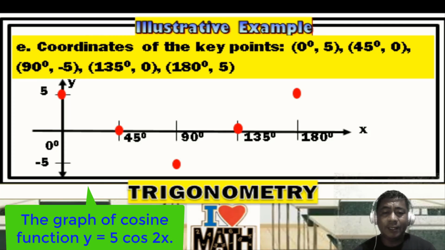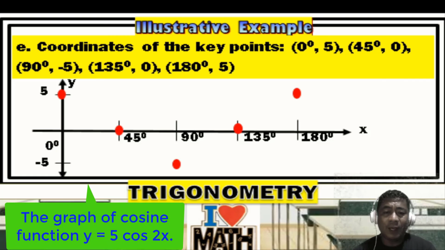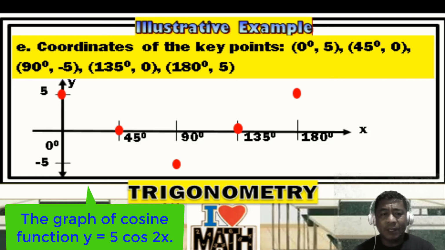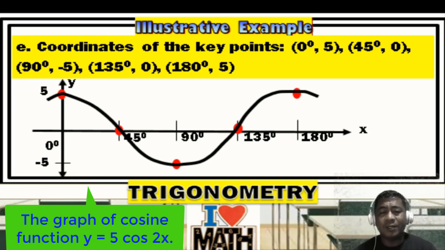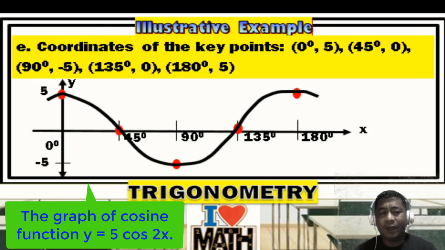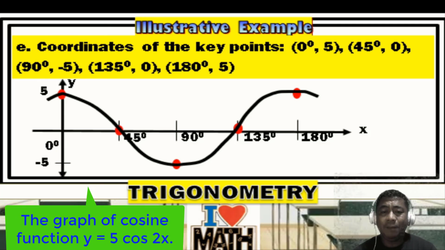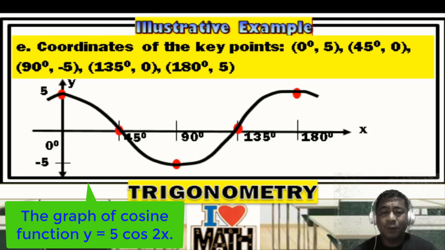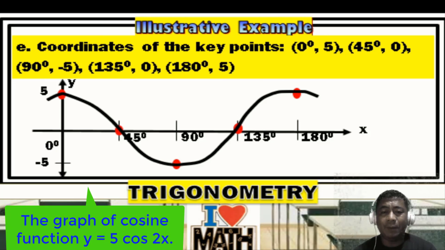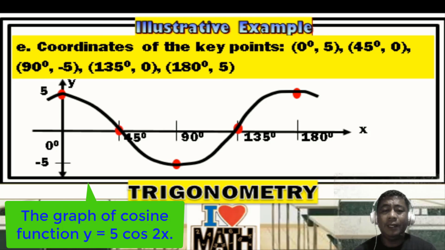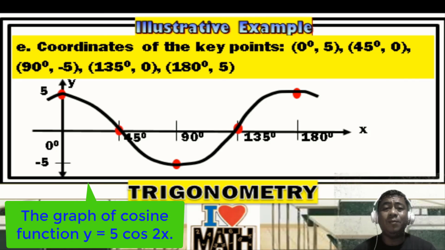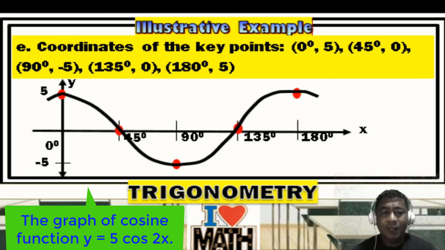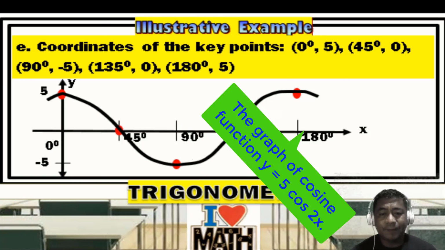In this case, the given function is y equals 5 cosine 2x, so this is actually the graph. As you can see, we have the pattern: maximum ordinate, intercept, minimum ordinate, intercept, then we go back to the maximum ordinate. So take note of that.